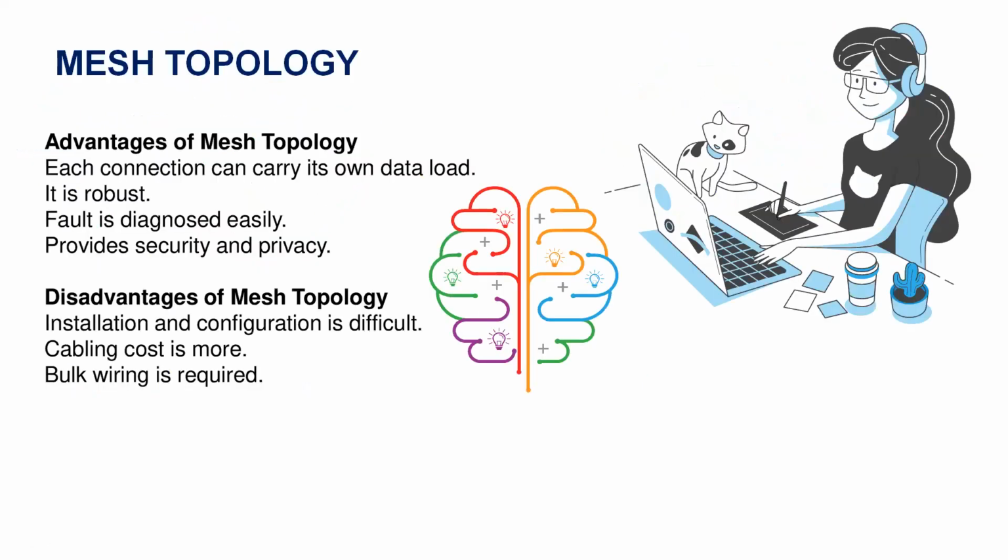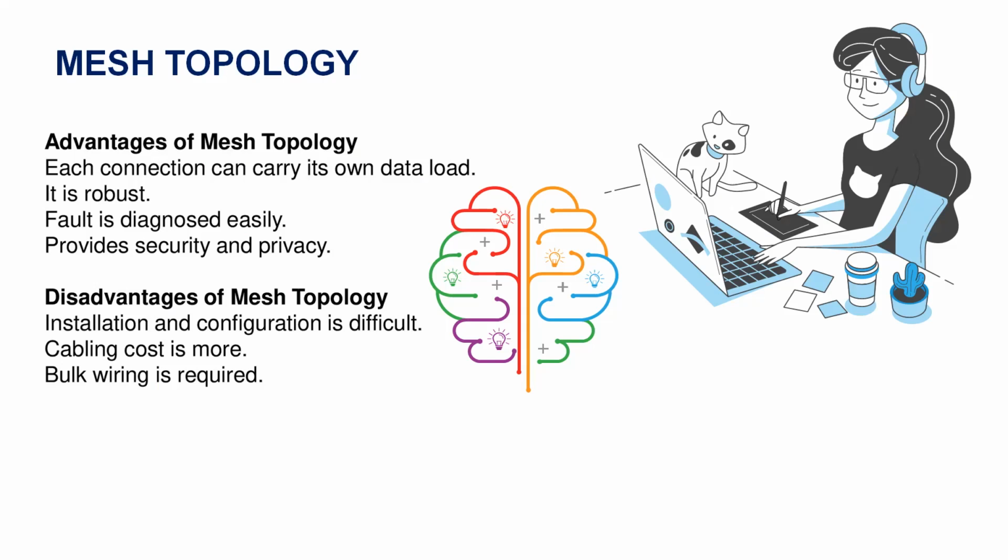Basically, it is used in internet service providers. The advantages are that each connection can carry its own data load, it is robust, faults are diagnosed easily, and it provides security and privacy. One point I want to add in this PPT is that mesh topology has a redundant path. If one connection goes down, we can send our data through another cable also.